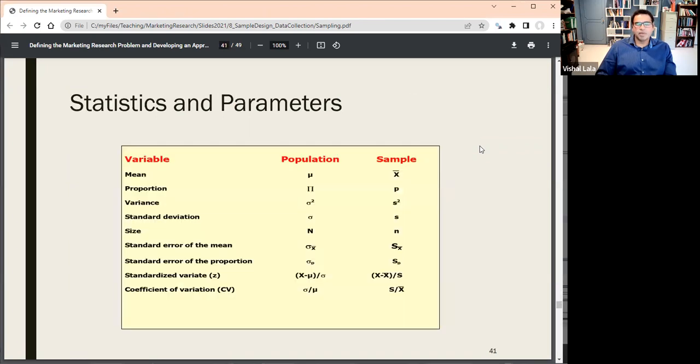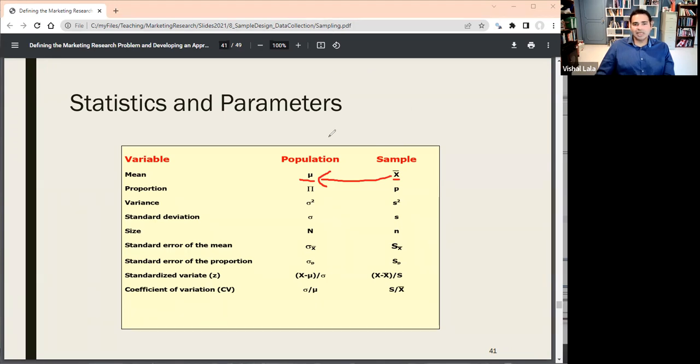Okay. All right. Moving along now, I'm going to talk to you more about, again, statistics and parameters. So the population is what we're interested in knowing more about. The sample is typically what we have access to. So we are interested in knowing about certain population parameters like mu, but we only have access to sample statistics like x bar. What we end up doing is using the information about the sample statistic to infer something about the population.